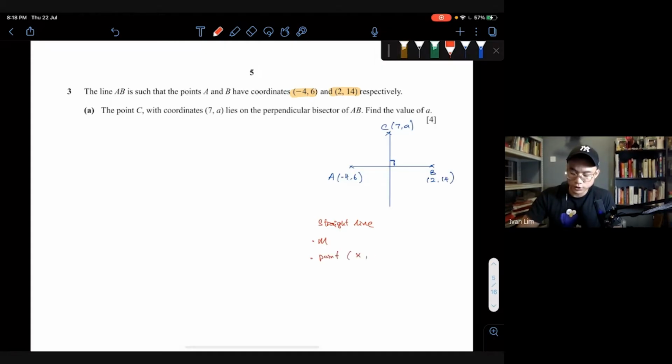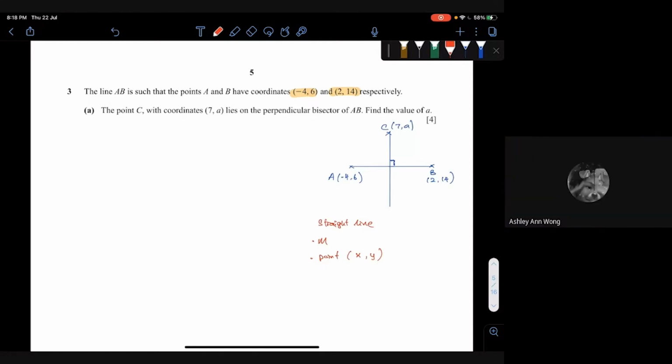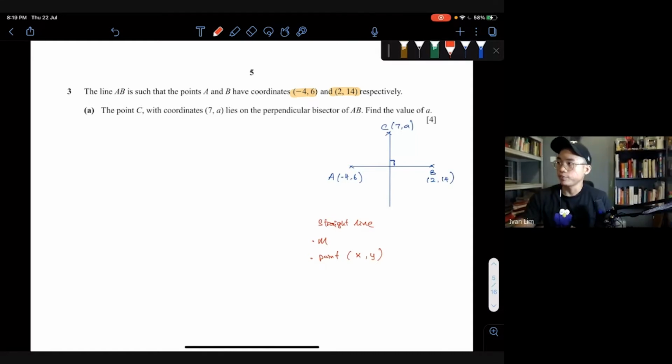You don't even need two points actually. You just need the gradient and one point. What can we find from here? We also know that the perpendicular bisector cuts through the middle, so let's name that M, because midpoint.